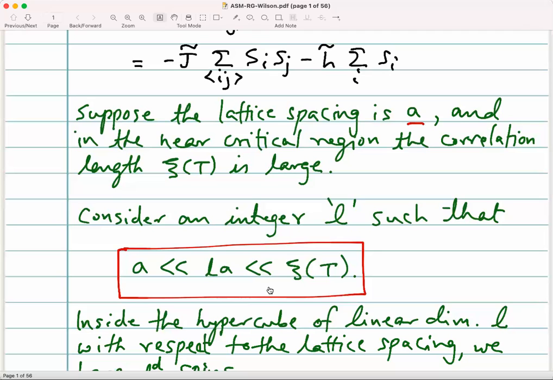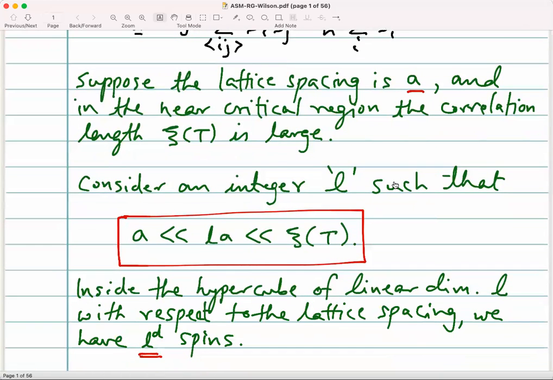Then it is still 4 orders of magnitude smaller than the correlation length, but 3 orders of magnitude larger than the lattice spacing, and it's a reasonable number to choose. Okay, so imagine we are choosing something like this. You don't have to choose L to be 1000. You could choose L to be like 50 also. It is still reasonably large compared to this and quite small compared to that.